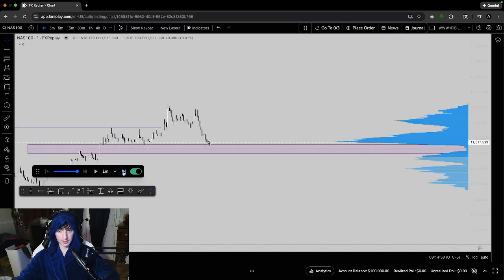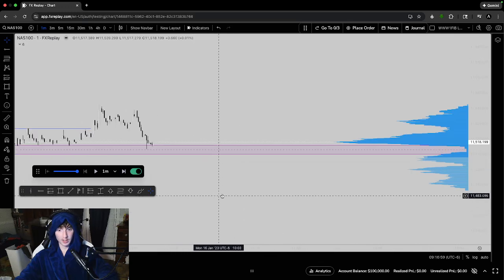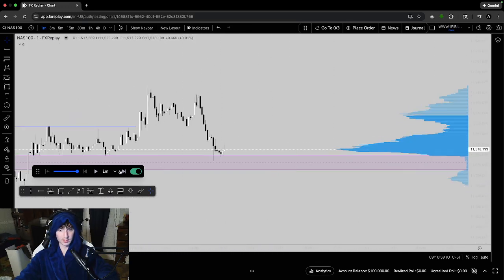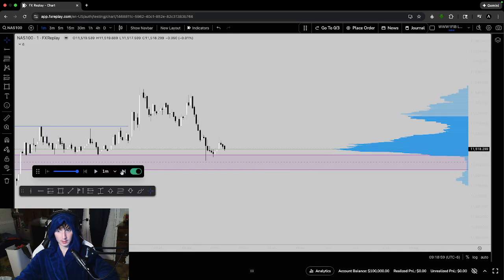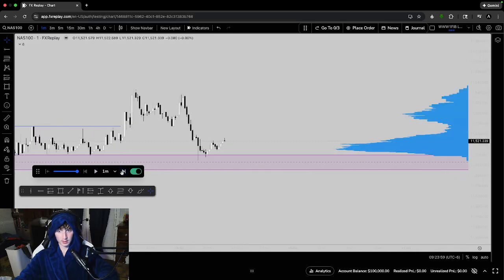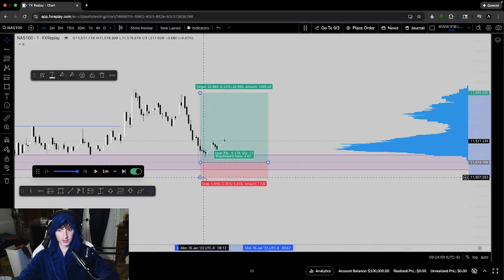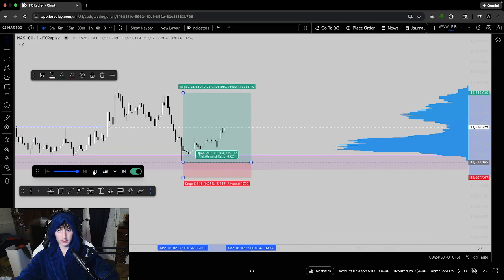Perfect. We got to tap into it. Can we get a 1-minute inverse of any type? Or can we just long off of this? Let's say we longed off of the 50% and just target the high. What happens?